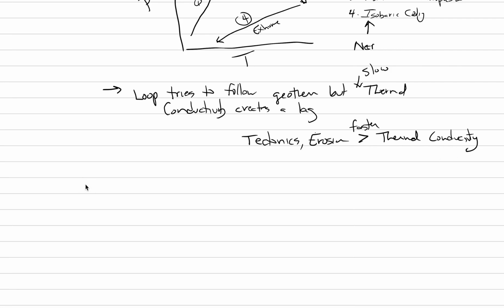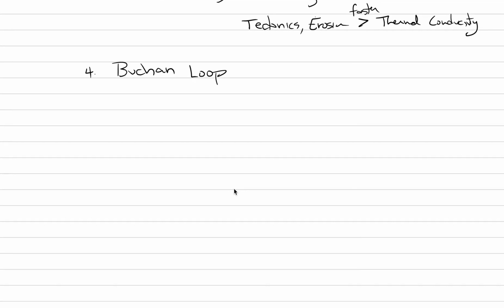Now, the last type of loop we can worry about is called a Buchan loop, of course associated with Buchan zones. Remember Buchan zones, they're high temperature changing, but very low pressure changing, right? So we can say, recall, high T, low P. And the loop actually doesn't even really look too much like a loop.